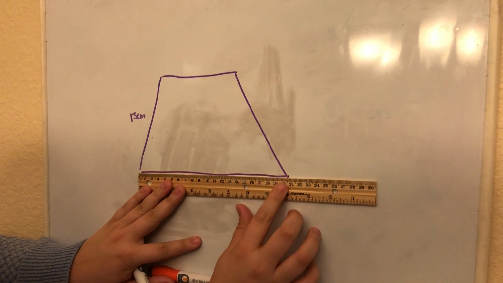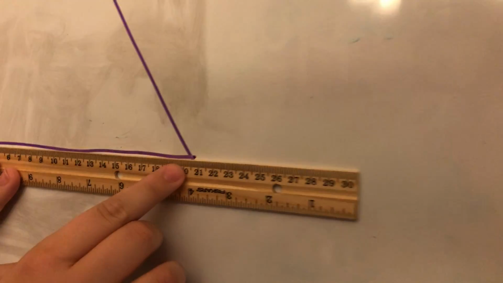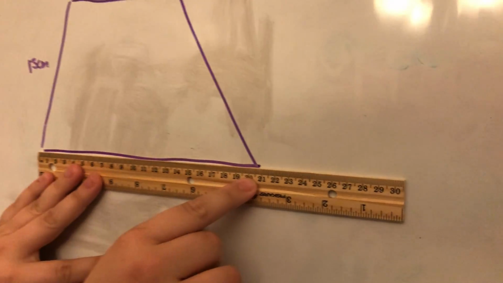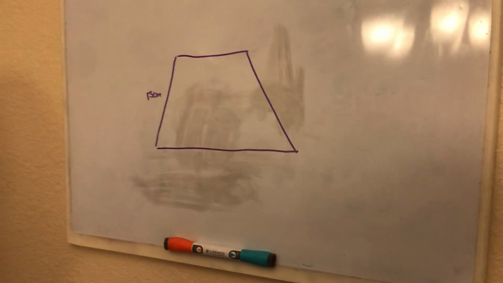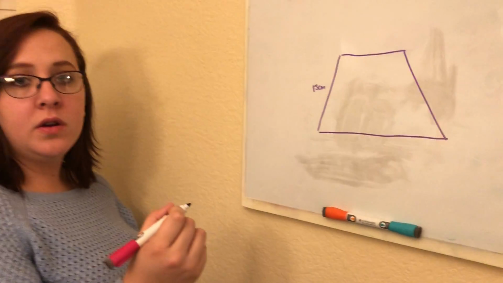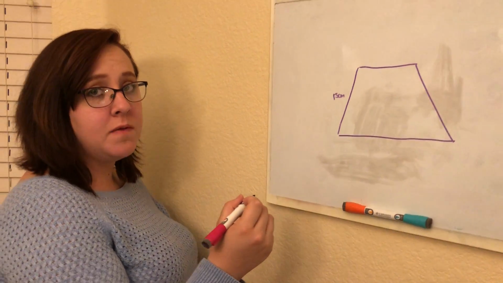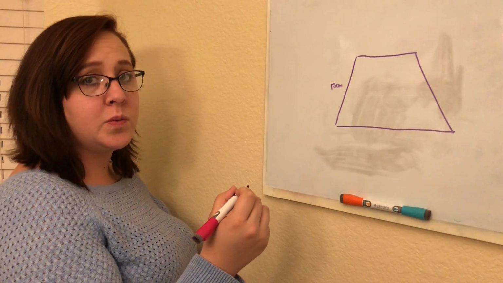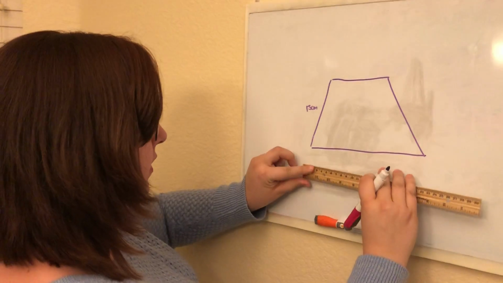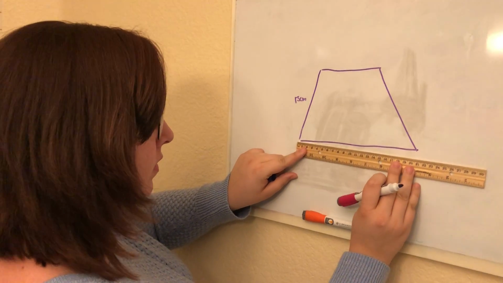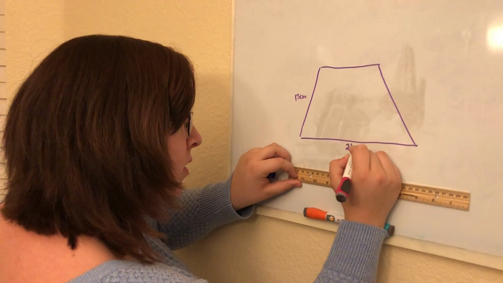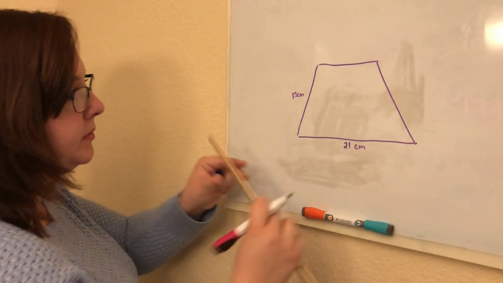And if you look really, really close, it looks like it's closer to 21 because it's right over half. And if you remember, up to 4, go no more. 5 or higher, go to the next one higher. What did we say this was? 21. Yes. 21 what? Centimeters. Great job.